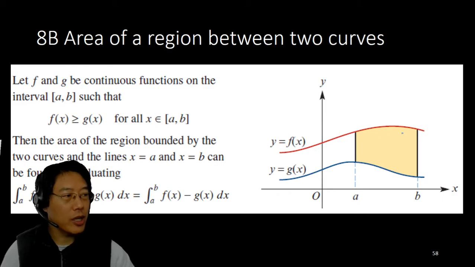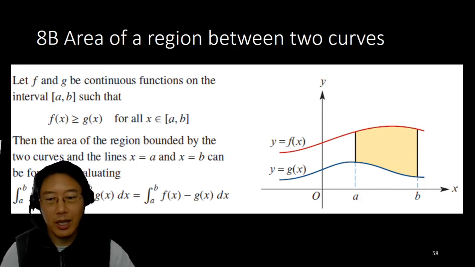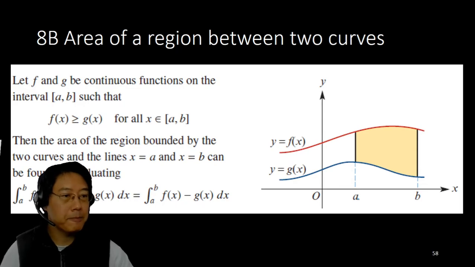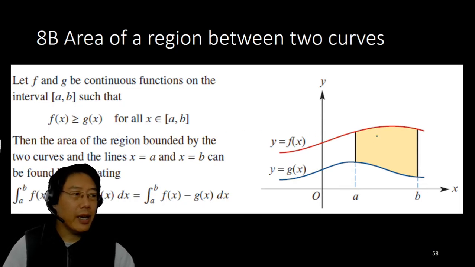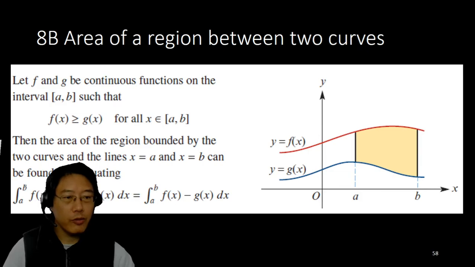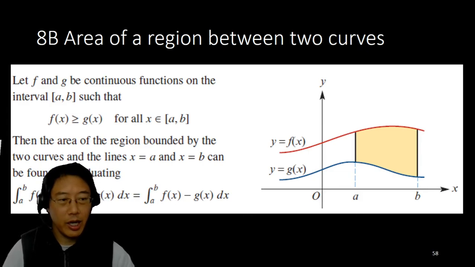You have a function f which is above the function g, so in blue. So you have the situation when f is greater than g along that interval a to b. So a and b are your boundaries. A is less than b. You find out that to find the area between the two curves, what you can do is the integral of the area of f.